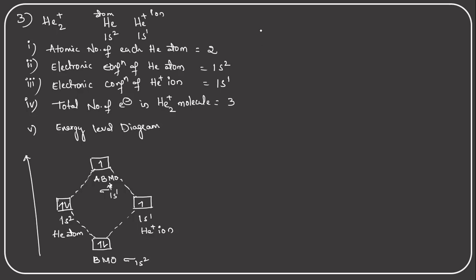So what will be the sixth point now? The sixth point is the electronic configuration of helium 2 plus ion. So the electronic configuration of helium 2 plus ion is sigma 1s2, which has lesser energy than the sigma star, that means the anti-bonding molecular orbital.